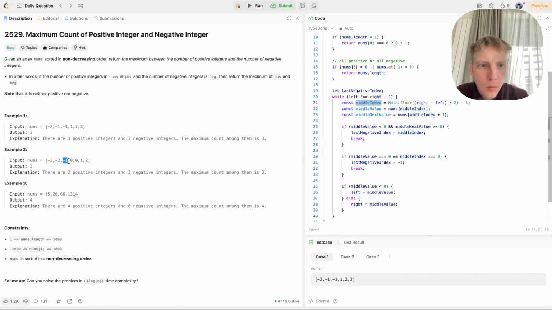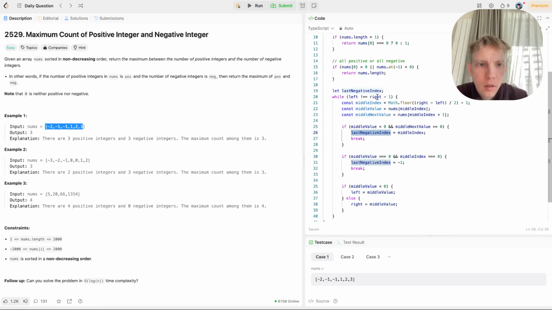Middle value would be -1. Middle next value would be 0. Middle value less than 0, and middle next value bigger or equal to 0. Yes, last negative index would be 2. Fair enough.